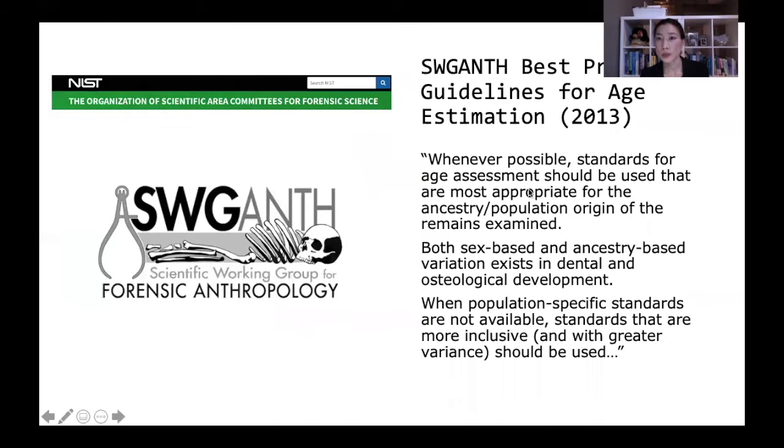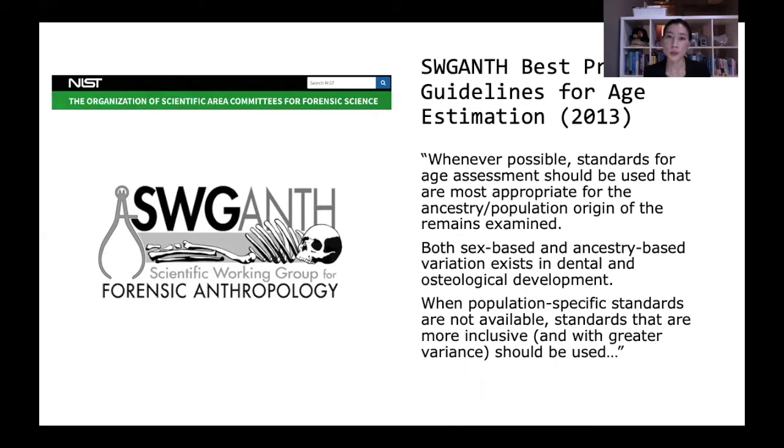So according to the best practice guidelines outlined by the Scientific Working Group for Forensic Anthropology in the United States, an overseeing organization to promote best practices in forensic science case analysis, they acknowledge that there is population or ancestry specific variation in relation to skeletal aging, and therefore it is recommended to use population specific standards whenever possible.